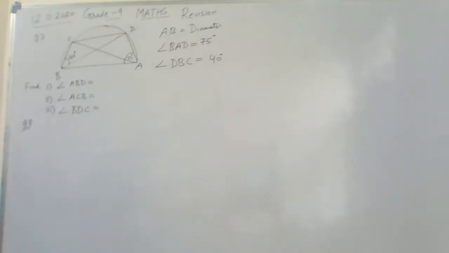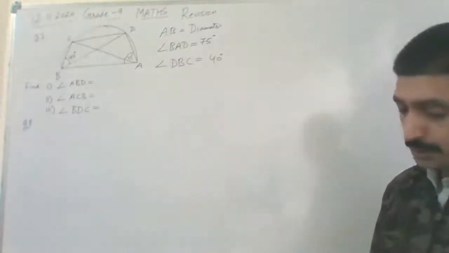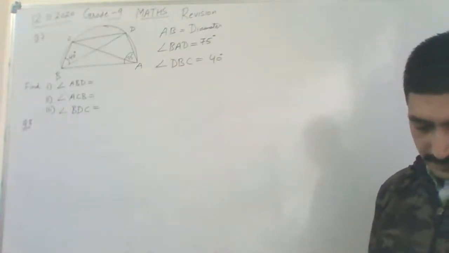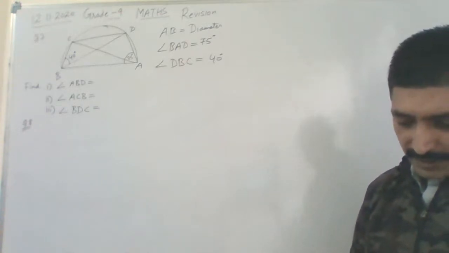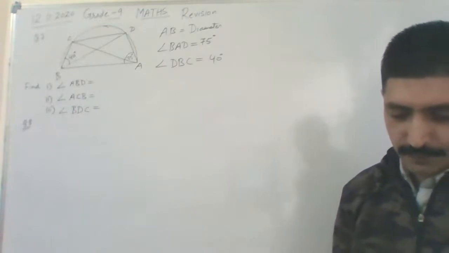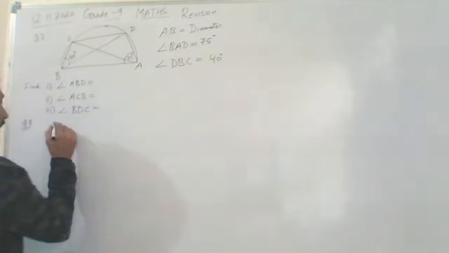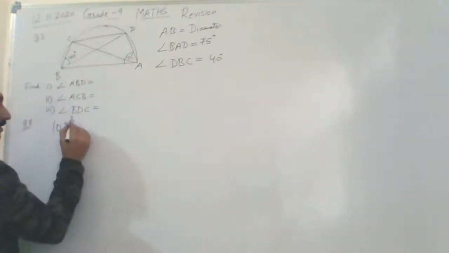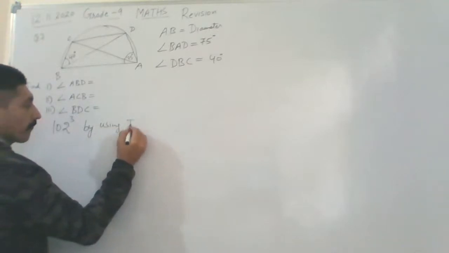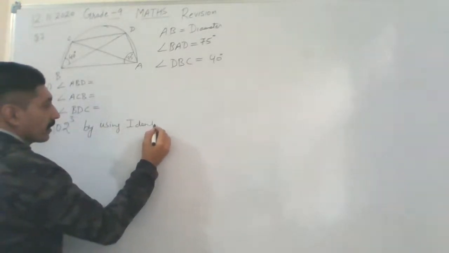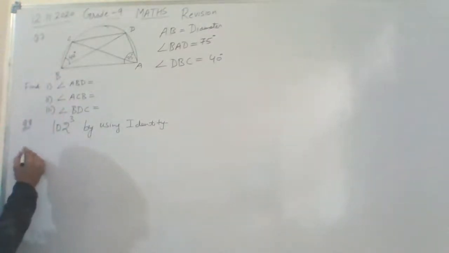Although it is a lengthy question, let's take a factorization question, very simple. 1 mark question first. Or using the identity, find 102 raised to power 3 by using identity. Question number 9.